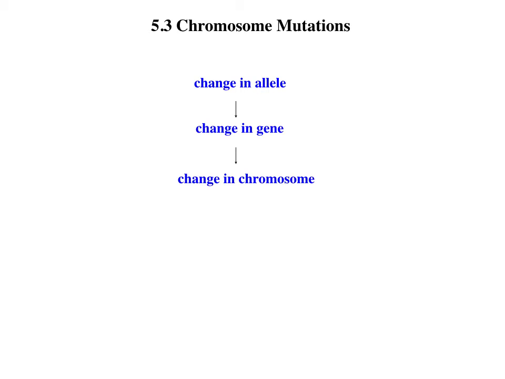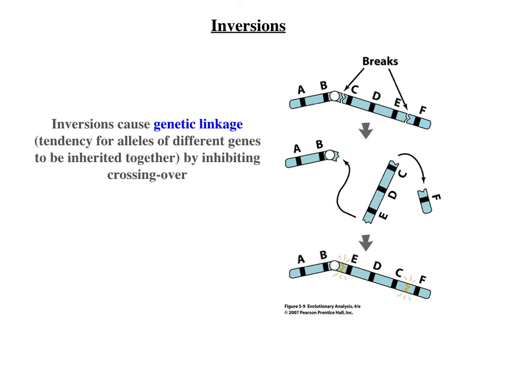And so I've now talked about a change in allele at that level, change in the gene number, and now we're going to move on to talking about a change in chromosome through what we call chromosomal mutations. A common chromosomal mutation that you probably heard about is an inversion.